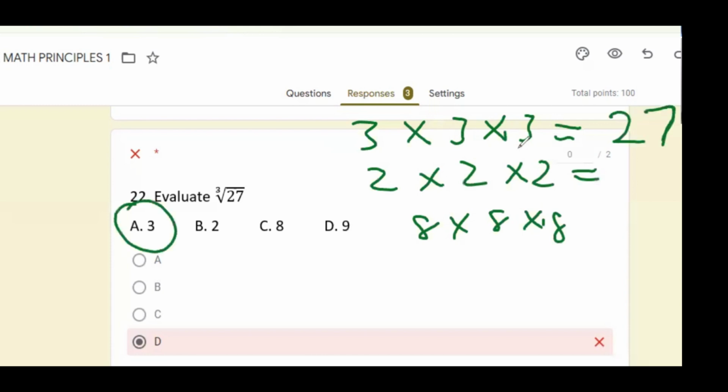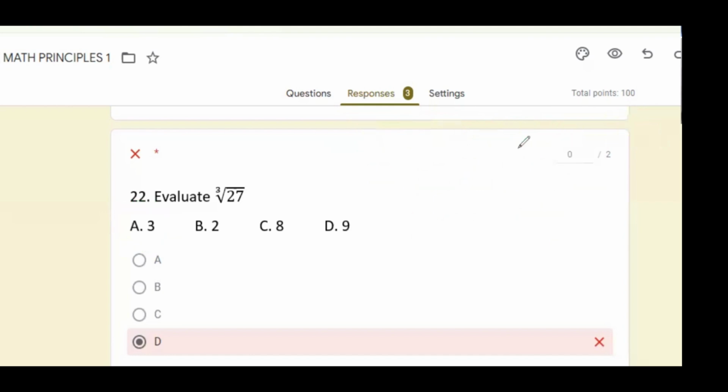But what we did was that I told you when you are finding cube roots, just write the number out and break it down. This one is not divisible by 2 because it is an odd number. So you can try another number that can divide it, especially a prime number. So we have 3 can go in 27.